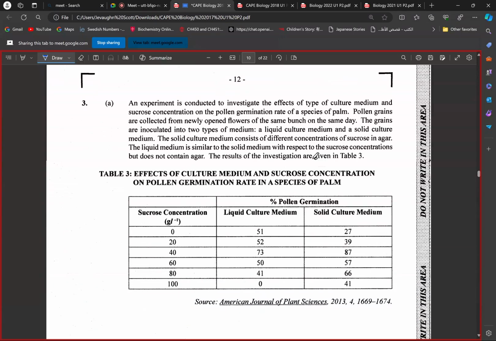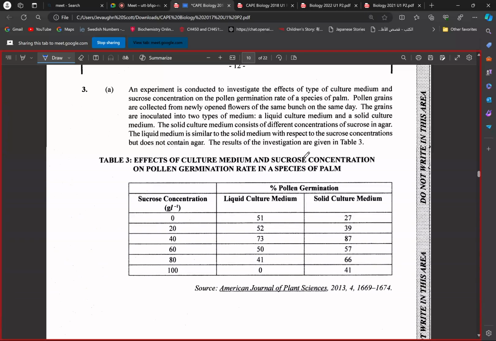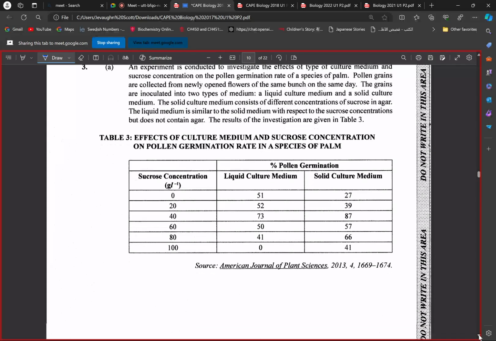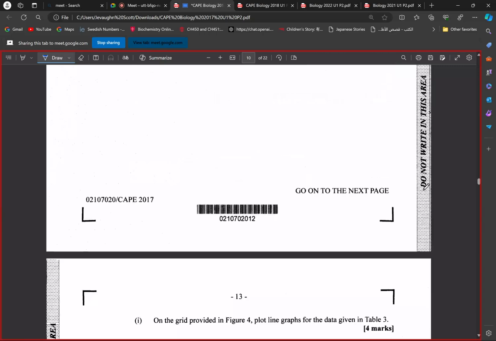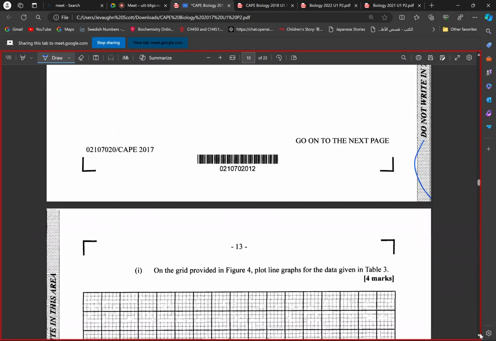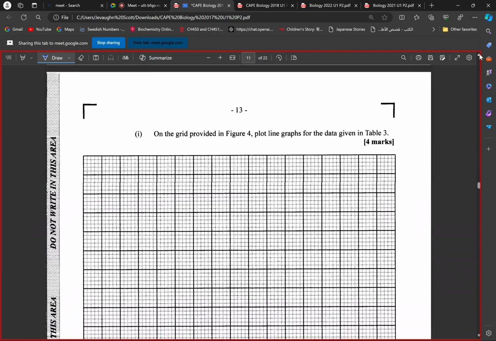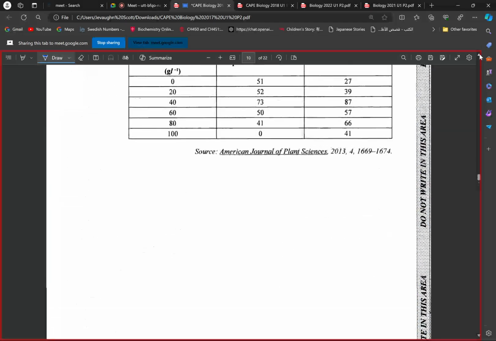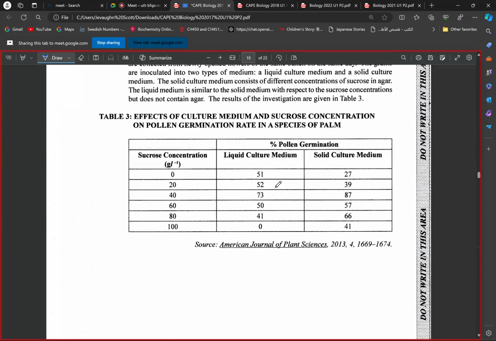And this now is a graph interpretation question, looking at the germination of pollen within two different types of culture media. We're going to be drawing graphs and distinguishing the curves, so we'll plot line graphs. With line graphs, we have to distinguish the two curves. For the liquid culture medium, we could use dots and circles to plot those points, and then we could use x's to plot the solid culture points.